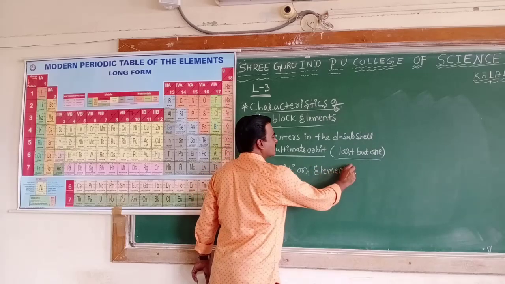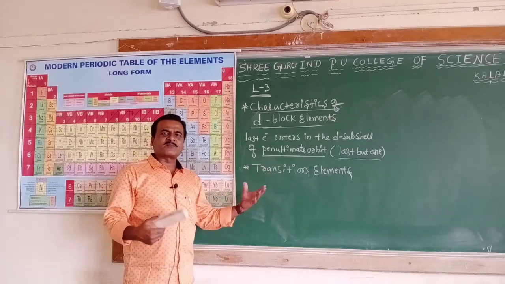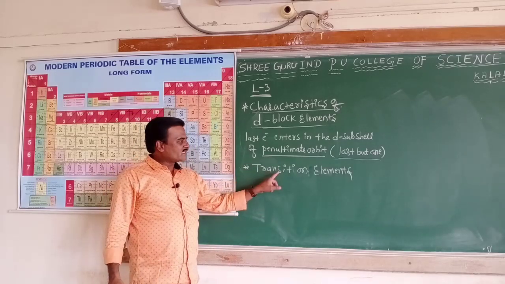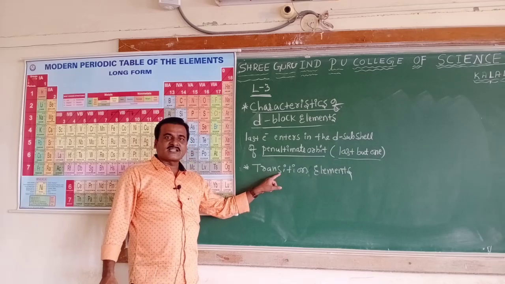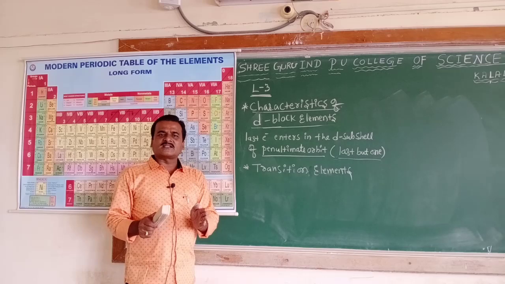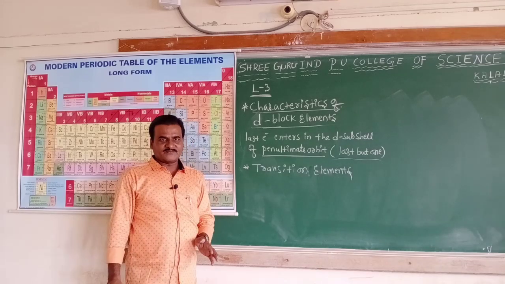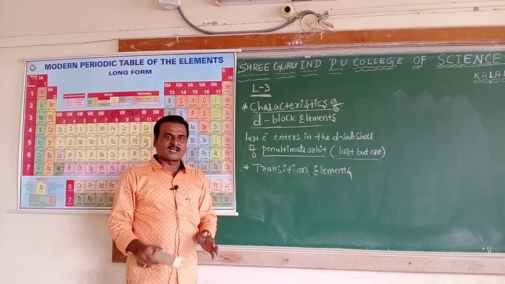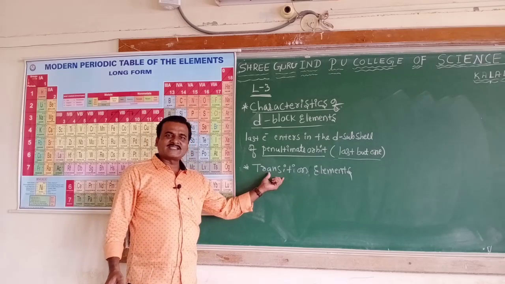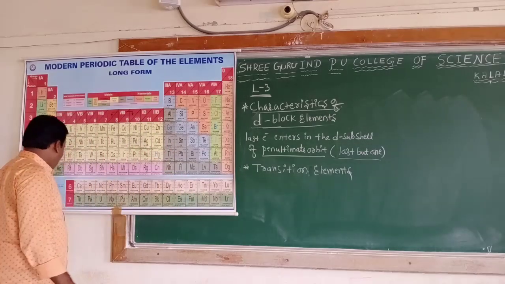The simple reason is regarding their placement. Why are these called transition elements? Since the placement of d blocks in the modern periodic table is in between the s and p block elements.